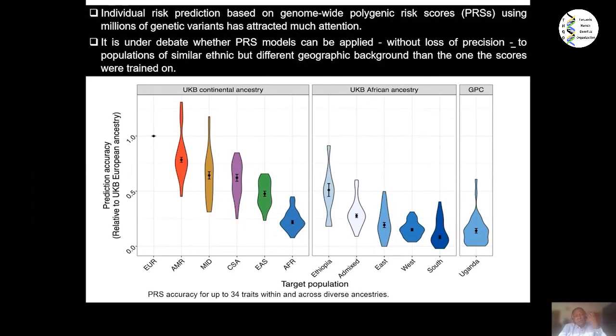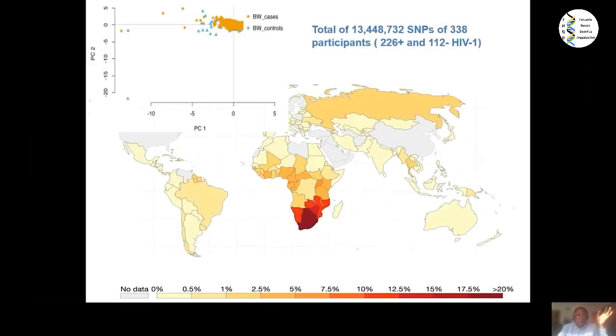So now, having all this information, we use a cohort of an infectious disease, HIV, in the Botswana population. As you know, HIV has a high prevalence in Southern African populations, as you can see on this worldwide map, in red here.